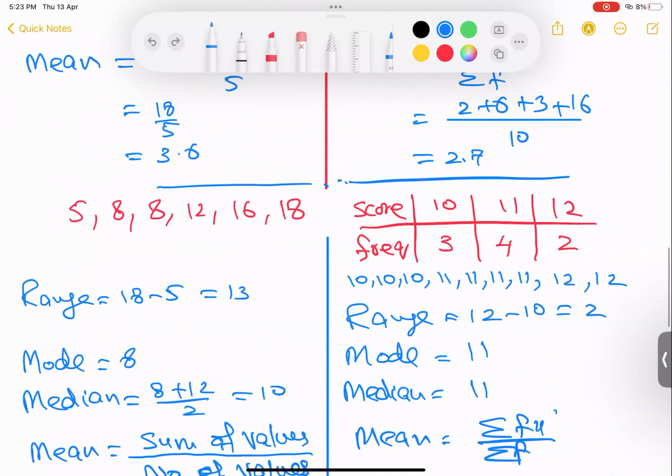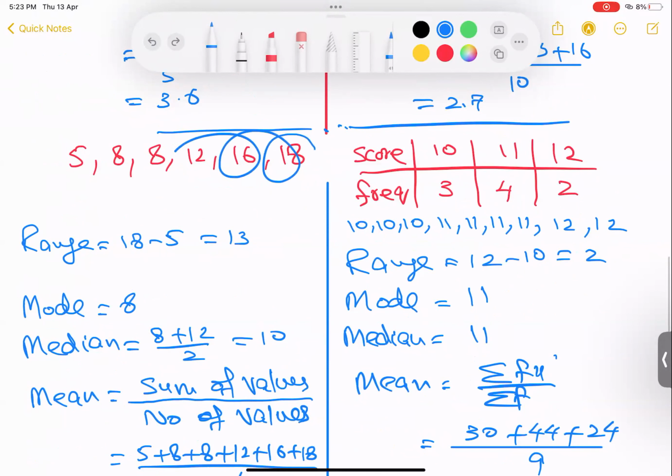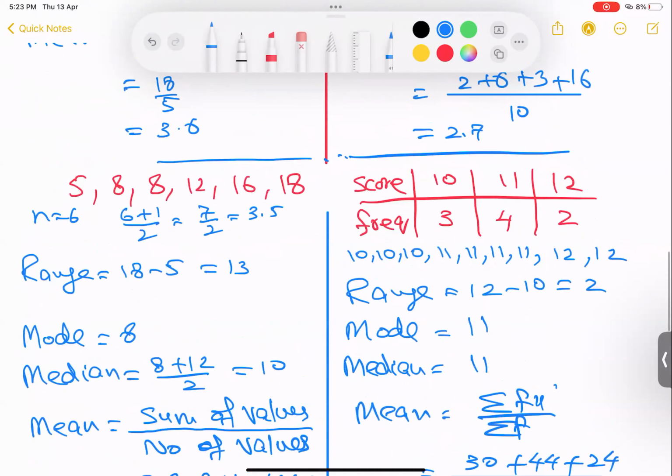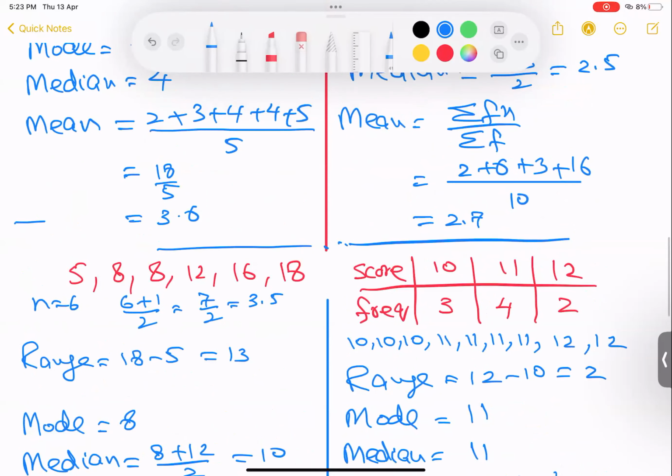For example, here, what is n? 1, 2, 3, 4, 5, 6. So what is n here? 6. The formula is what, student? 6 plus 1, n plus 1 divided by 2. I got 7 by 2. I got 3.5. Where does 3.5 come? 3.5 comes in the middle of 3 and 4. Look here, students. Here 3, here 4, 3.5 in the middle.